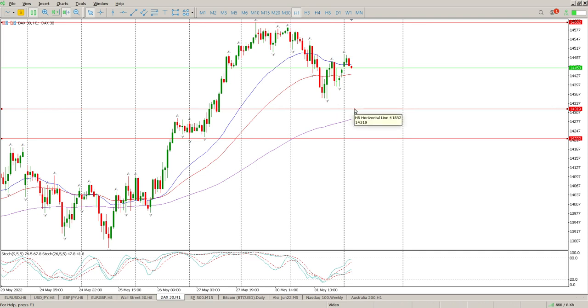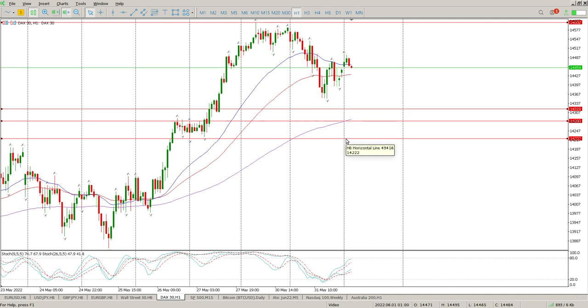So we are talking about getting to 14,312, and I would actually even add that level in on the hour. That's the 155 EMA, so that's 14,280. So 14,300 to 14,220 would be the area we're paying attention to.